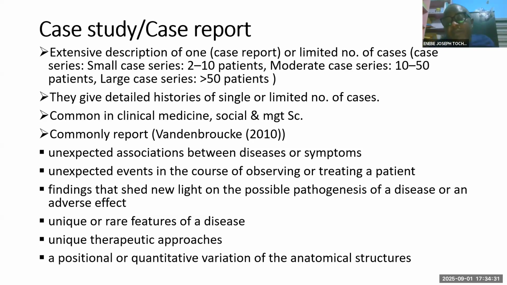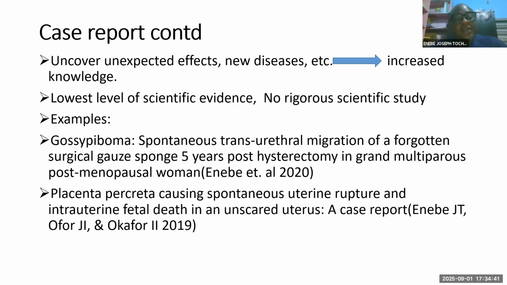So if you see an abnormal anatomical thing that you have never seen before and you want to report it, all these are case reports, and usually they form the lowest point of evidence.